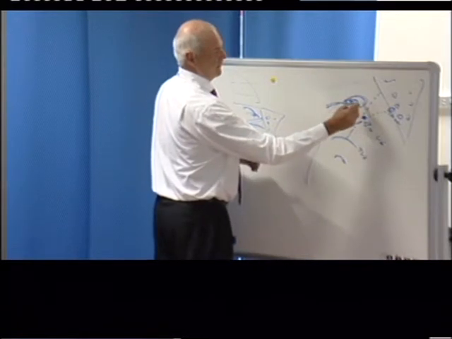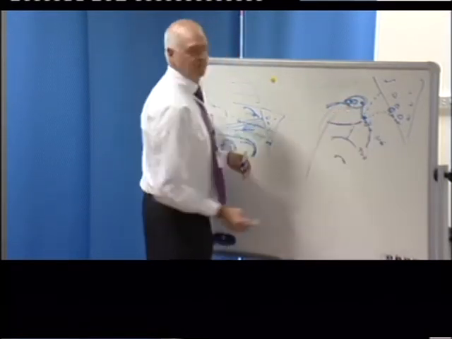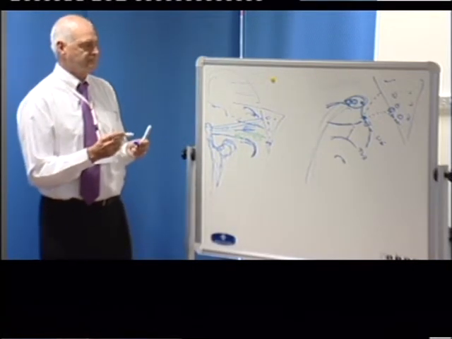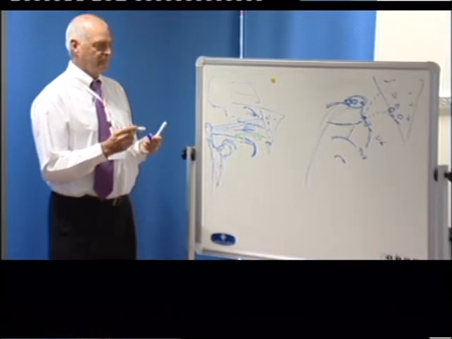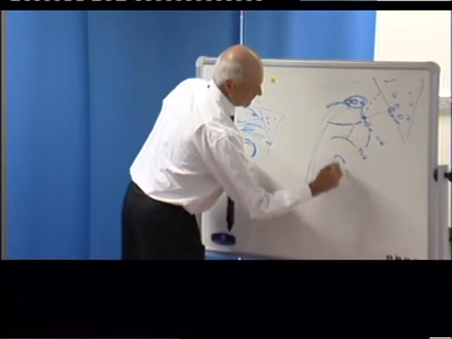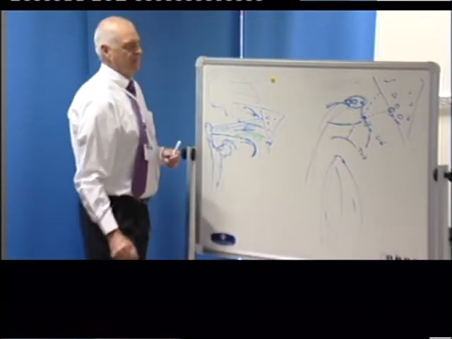And then the pudendal goes out and back in through the two ligaments. And then this is your hamstring. These are the posterior thigh muscles.